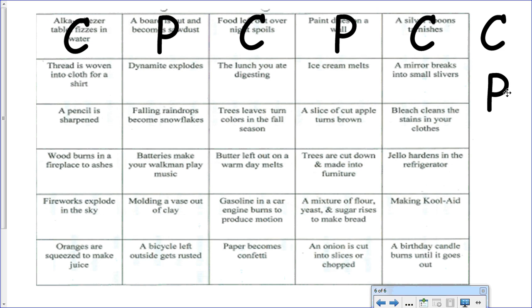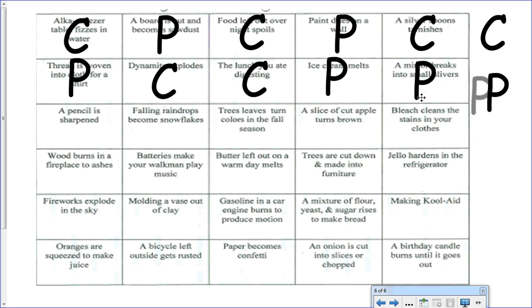Thread is woven into cloth for a shirt, physical. Dynamite explodes, chemical. The digesting of your lunch is chemical. Ice cream melts, physical. A mirror breaks is physical. Your pencil being sharpened is physical.